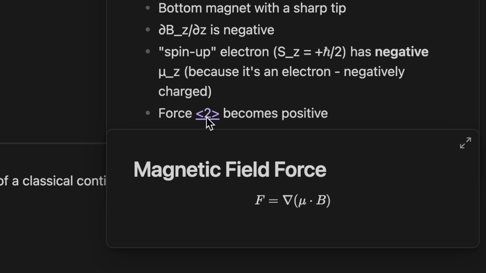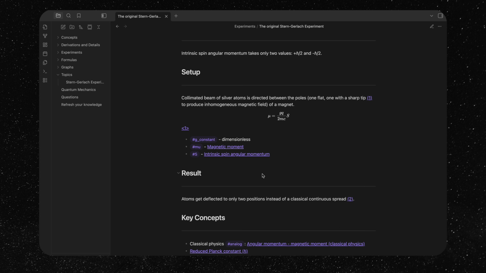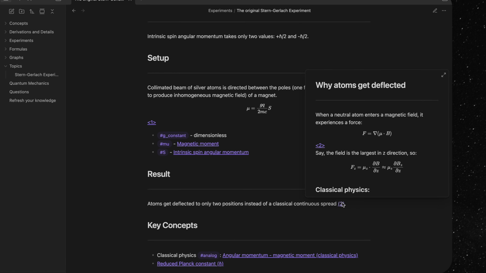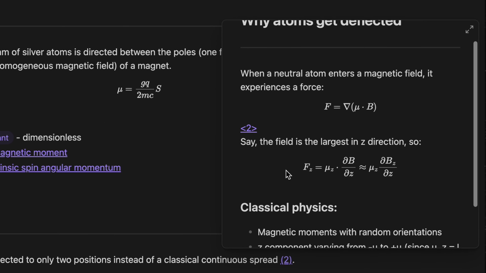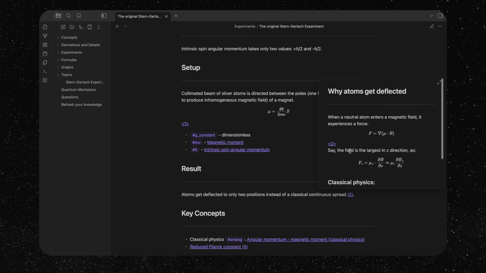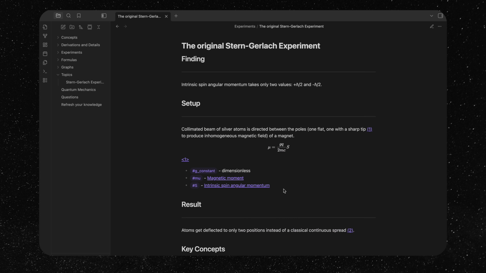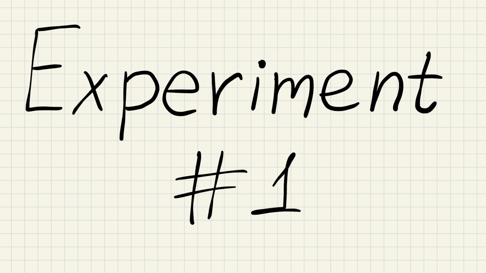So spin up electrons deflect upward, while spin down electrons deflect downward. The force equation shows that multiplying two negatives gives a positive, which explains the upward deflection for spin-up electrons. Finally, I kept linked concept pages like magnetic moment and intrinsic spin angular momentum, so I can jump to them whenever I need a refresher. That's the original Stern-Gerlach experiment.